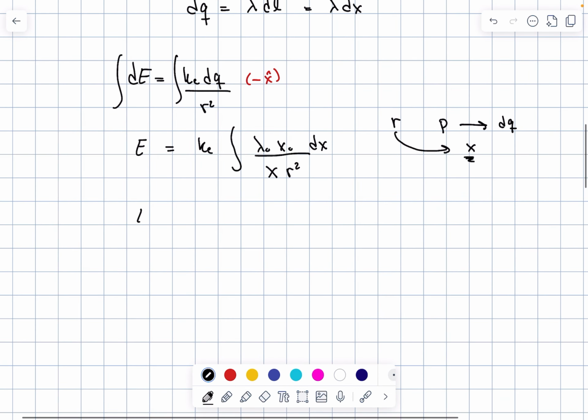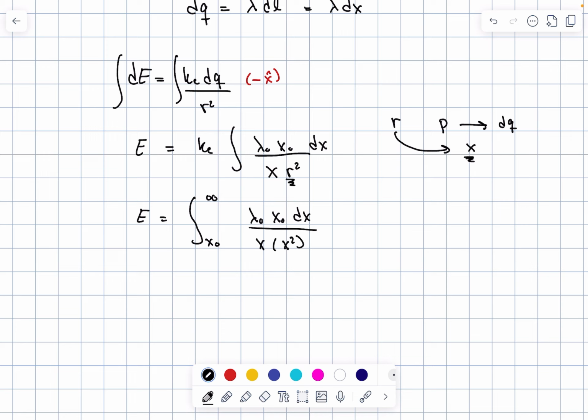We can write this out as E equal to the integral, where x goes from x naught to infinity, of lambda naught x naught dx over x times x squared, because r, the distance from our point to dq, is going to be x, and x varies from x naught to infinity.